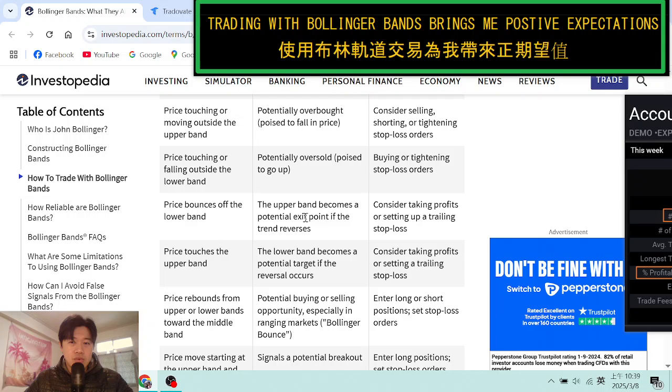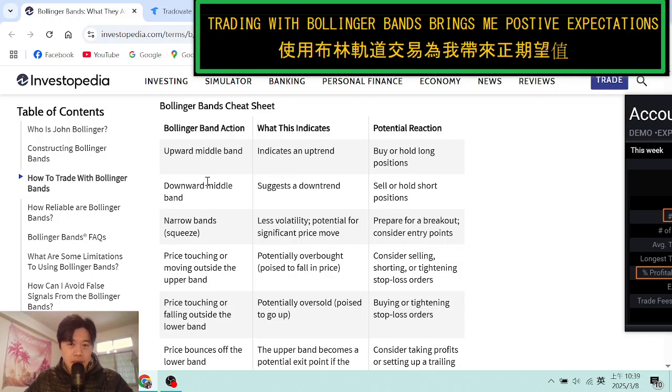We don't need to use all of these Bollinger Band strategies. You can just choose some of the simple ones to test, and if you backtest a lot, you will find out that it really works well most of the time. Not every time, but most of the time.